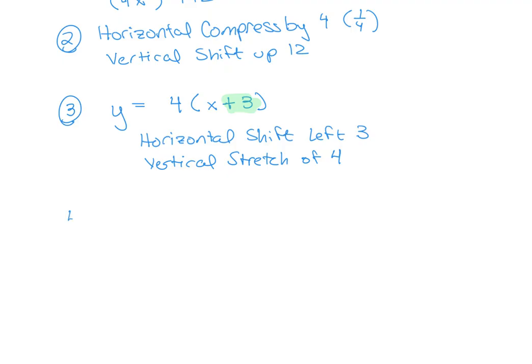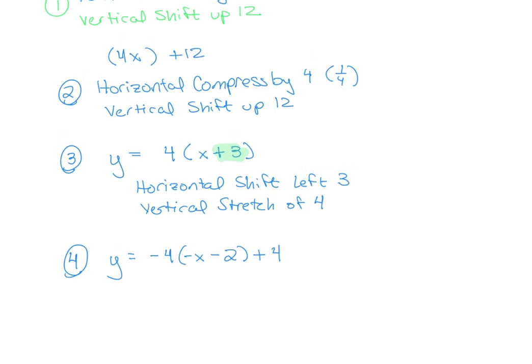Just to show you that we can do all sorts of things with this, let's now do y equals -4 times (-x - 2) plus 4. If you simplify this, it is still going to give us back the original equation. We distribute the -4, we get -4 times -x is 4x. If we distribute to the constant, we get -4 times -2 is +8, and then we add 4, and we get back our +12.